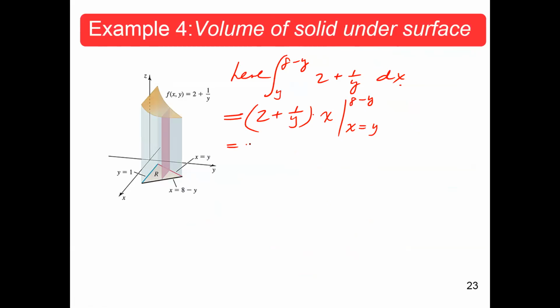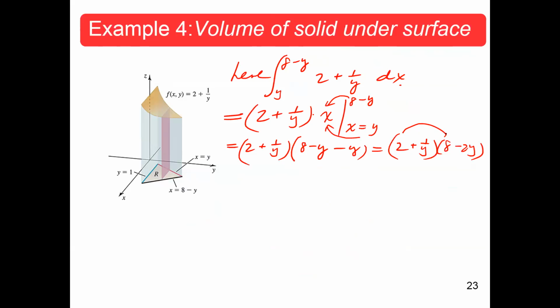So I keep this 2 plus 1 over y, plug 8 minus y for x, plug y for x, and subtract those two. So I have 2 plus 1 over y times 8 minus 2y.